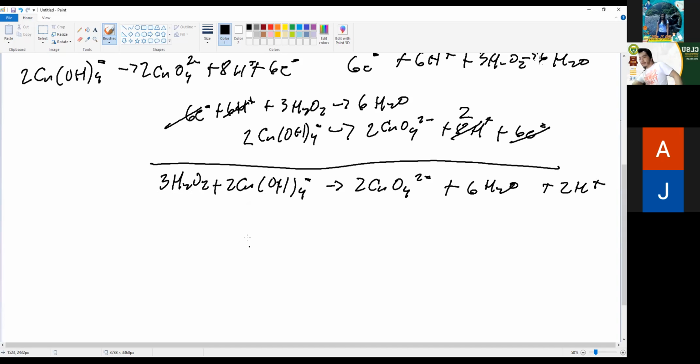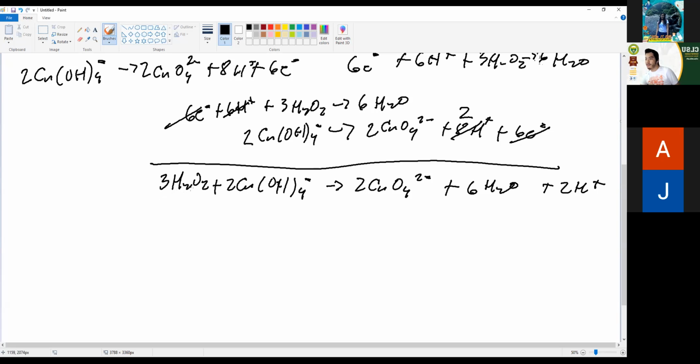Nalito ako. Teka lang. Yeah, ayan. So, dalawa yung Cr. Dalawa yung chromium. So, 3 times 2 is 6. So, 4 times 1 is 4. Plus 2 times 2 is 8. So, 8 plus 6 is 14. So 6 times 2, 12 plus 2, 14. So balance yung hydrogen, balance yung chromium.